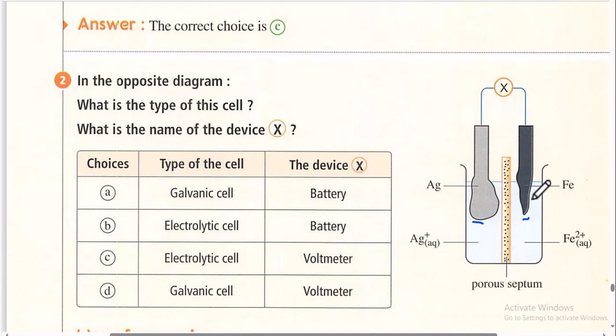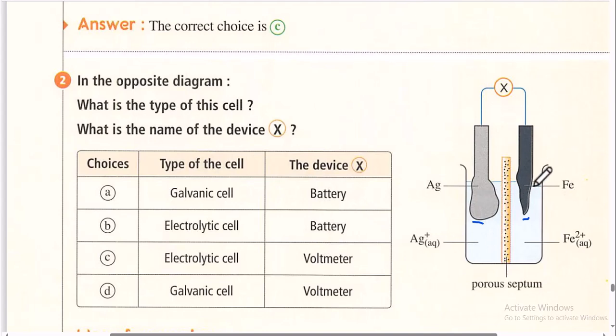So iron is easily oxidized and silver is easily reduced. So iron leaves 2 electrons and is oxidized into the solution, and the electrons go out of the cell in the electric wire and go to the silver metal to reduce silver ions in the electrolyte into silver element.